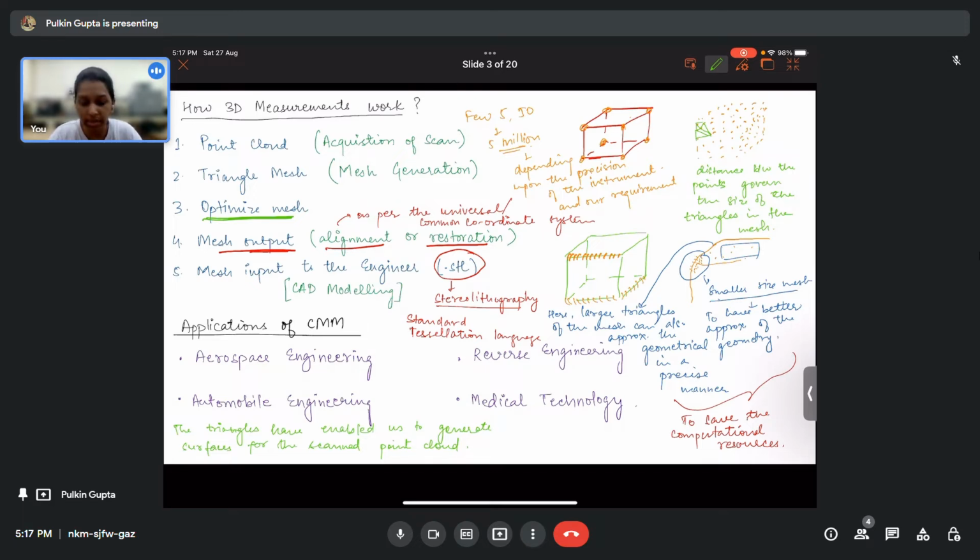They are used extensively in aerospace engineering, automobile engineering, reverse engineering, and medical technology. In aerospace and automobile engineering, they are used to get geometrical information of a variety of really complex parts.